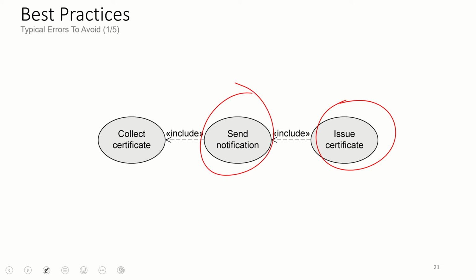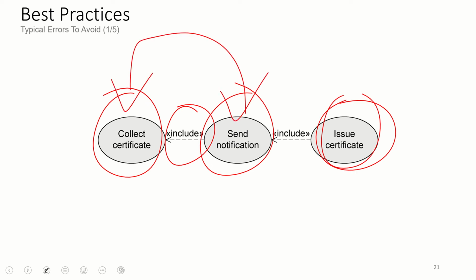Then this gets include, which means send notification. Got another essential component, which is collect certificate. You can see issue certificate got two different essential parts. One is send notification, then you collect certificate.